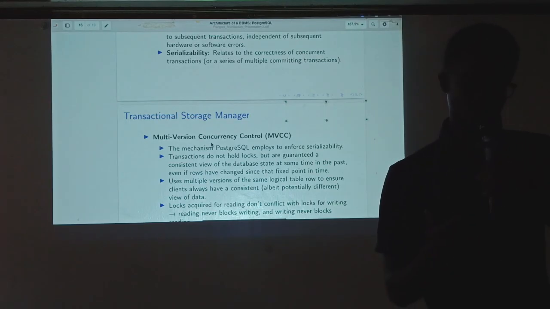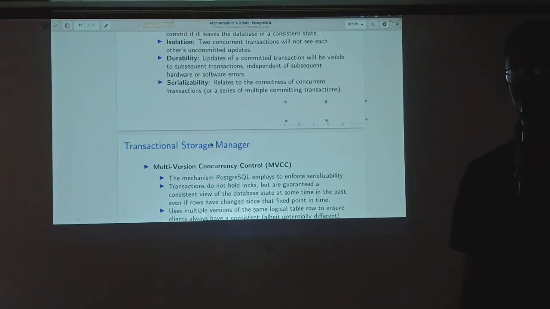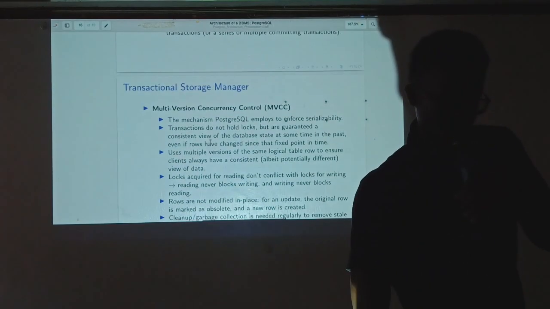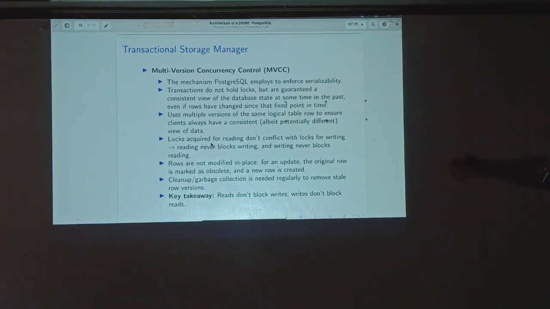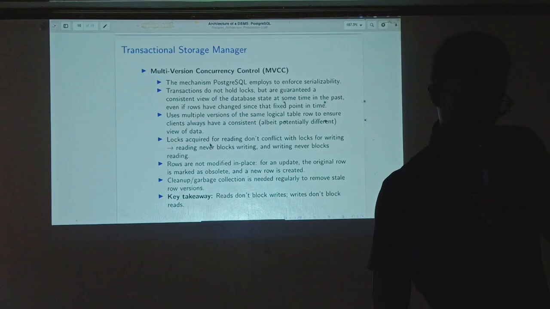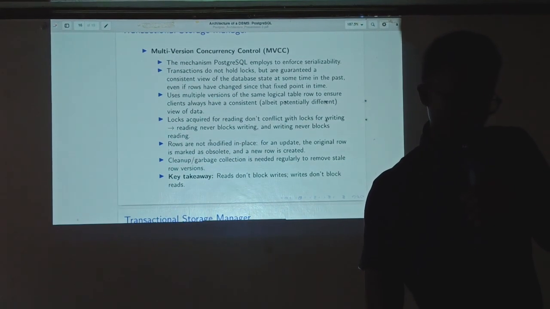You might have several transactions that are competing for resources, and they are all committing. So how do you ensure correctness in such a scenario? Postgres handles this via a protocol called multi-version concurrency control, MVCC.